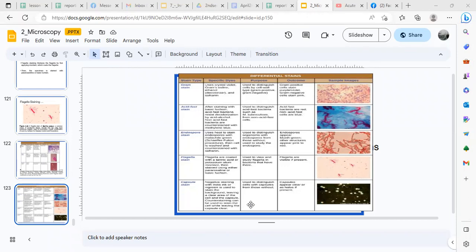So the counterstain can be used to stain the cell and leave the capsule clear. So it's used to distinguish cells with capsules and those without. Okay. Tapos, ayun, yung parts of the cell.